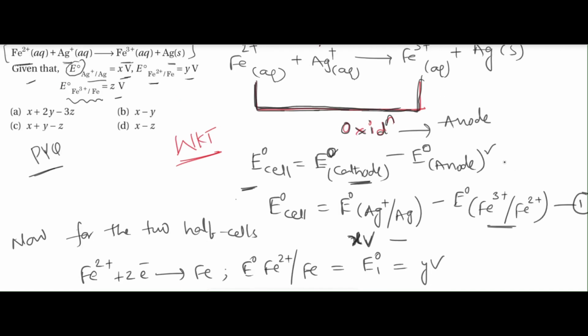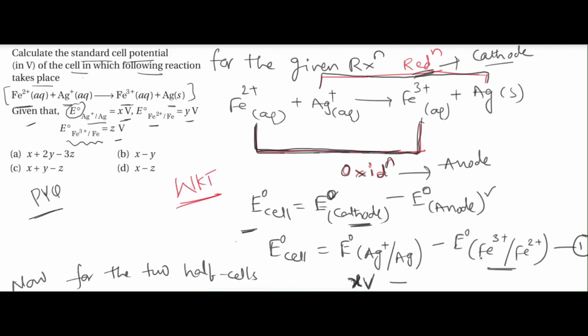But as per the given data, Fe3+ to Fe2+ is not given. Instead of that, they have given a set of reactions which can obtain iron from Fe2+ and iron from Fe3+, as Y volts and Z volts respectively.